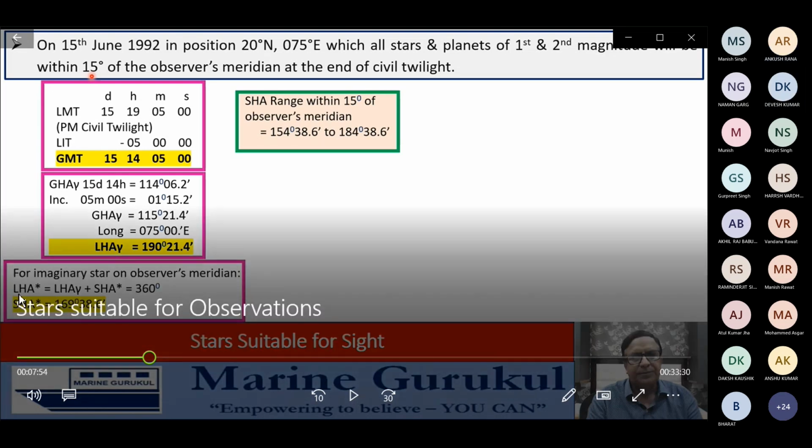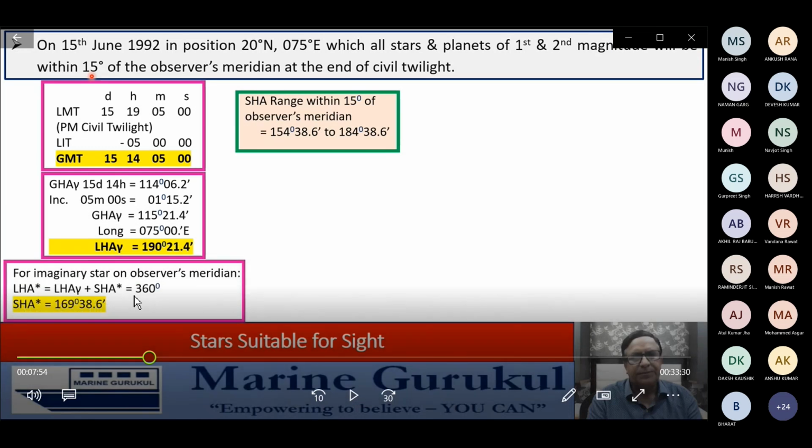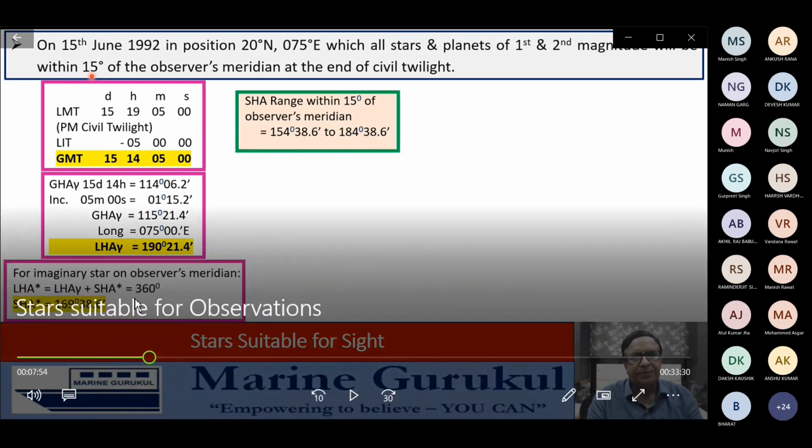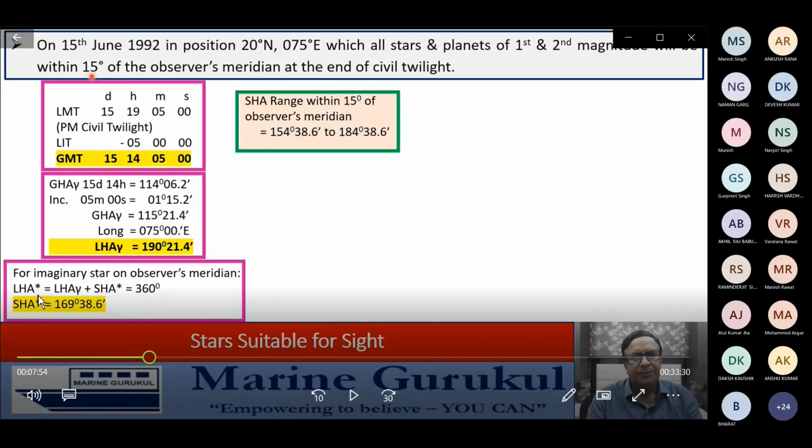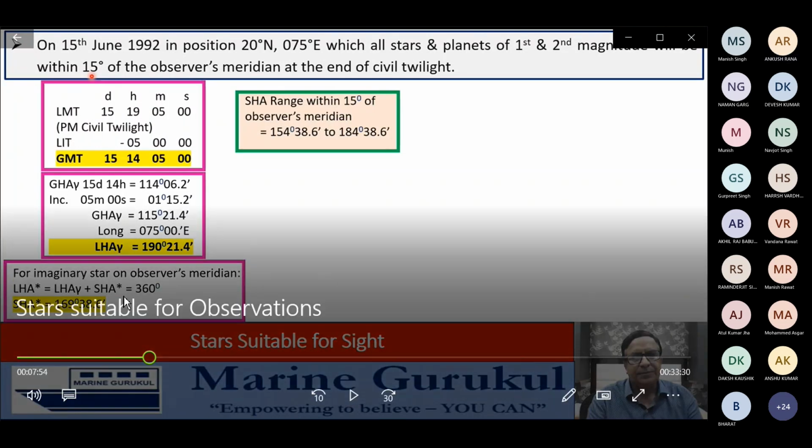Exactly. So we keep the LHA of this imaginary star equal to 360. Now we know that the LHA of a star is equal to LHA Aries plus SHA star. So 360 equals this. We put the value of LHA Aries and we get the value of SHA star.